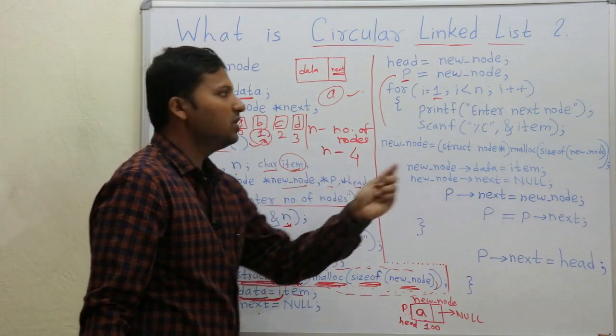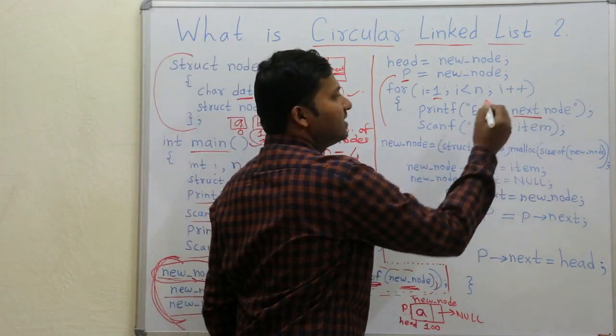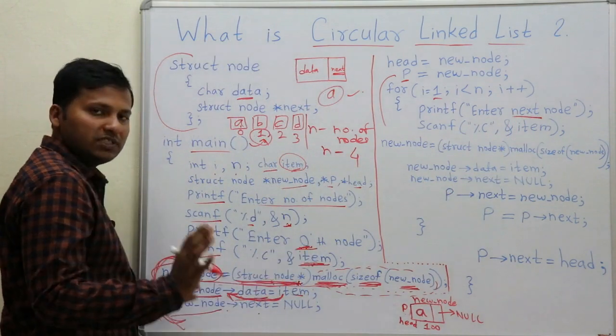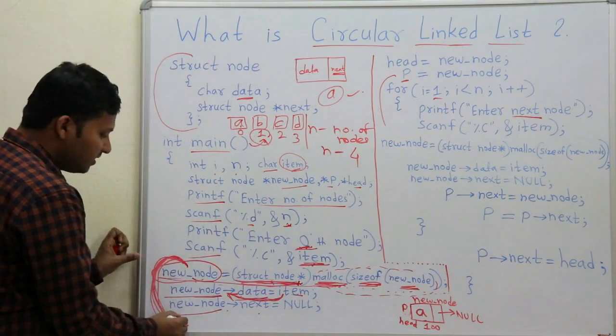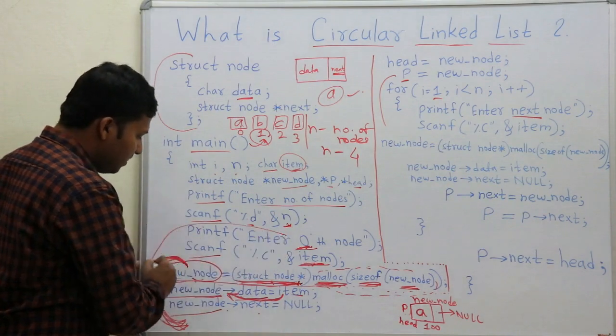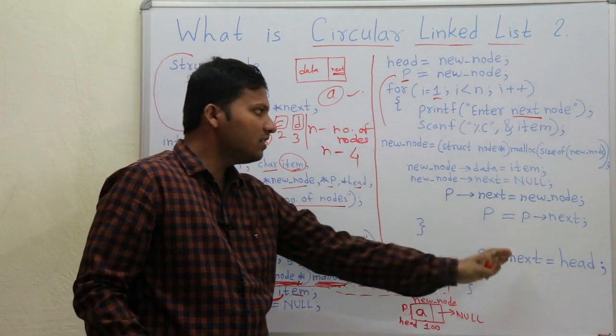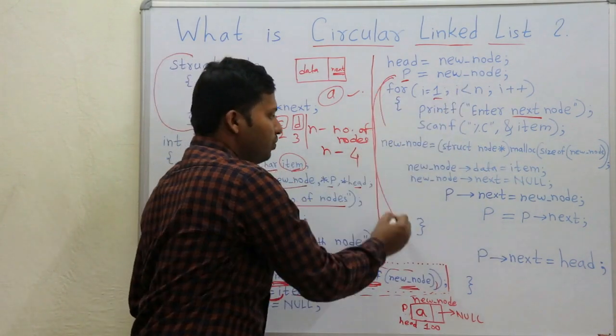Now you will ask me why I have printed enter next node here, and here I have written 0th node. This is because we always create the 0th node separately and individually, and after that all other nodes we create in a for loop.